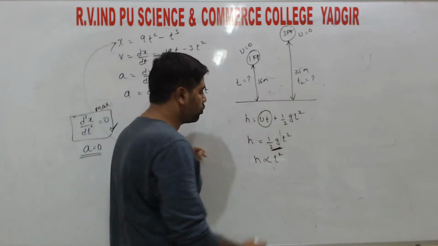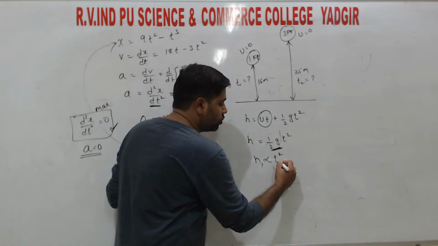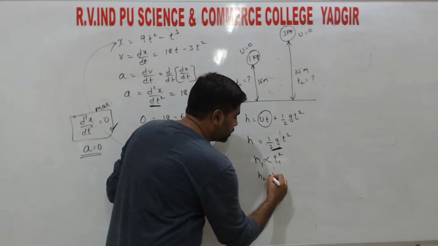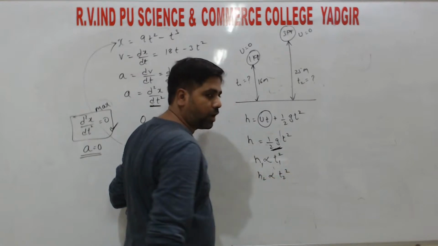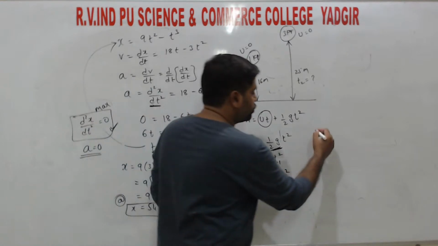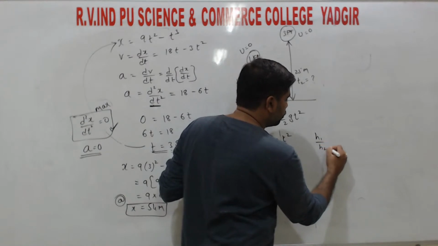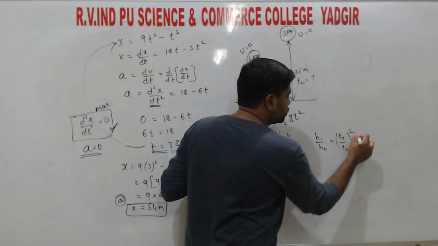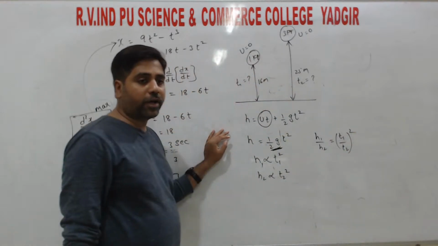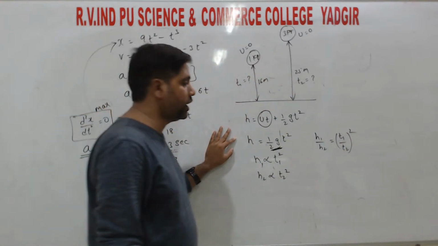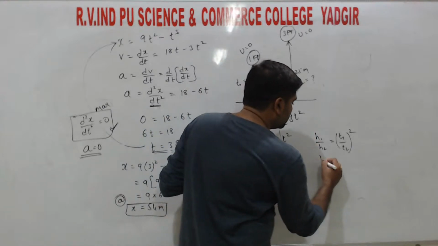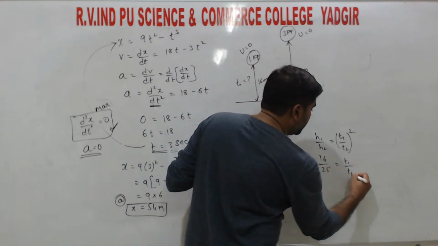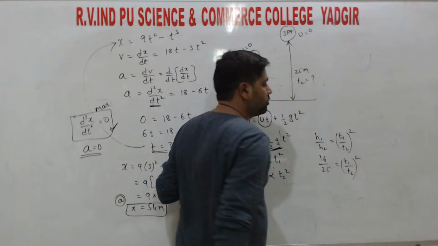So here we have two cases, h1 is proportional to t1 square and h2 is proportional to t2 square, right? So we take the ratio h1 by h2, that is equal to t1 by t2 whole square. So we are going to find the ratio of t1 and t2. h1 is 16, h2 is 25, that is equal to t1 by t2 whole square, right?